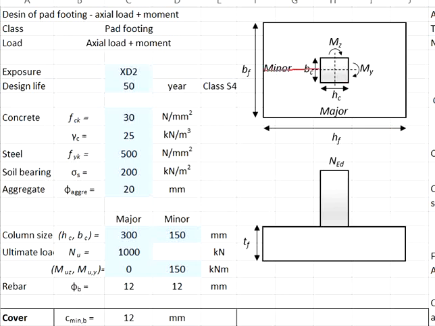The rotational axis will be here. The width of the pad footing in the direction of the moment rotation shall be the one to be to the power of 3, and the width of the pad footing not in the direction of the bending moment will be the one not to be to the power of 3.